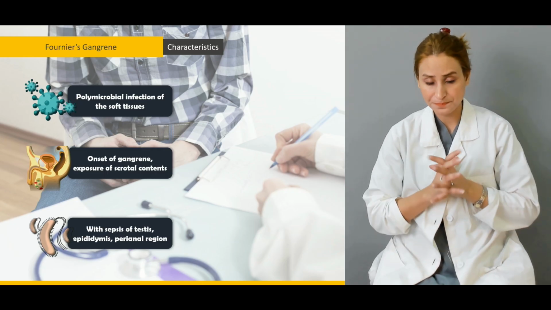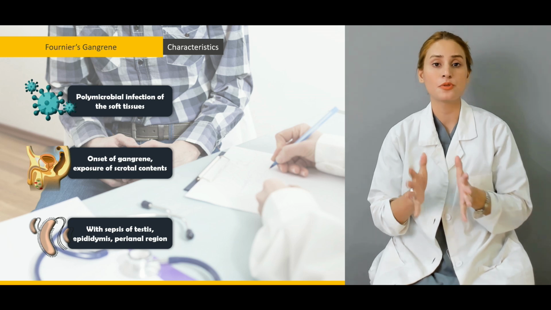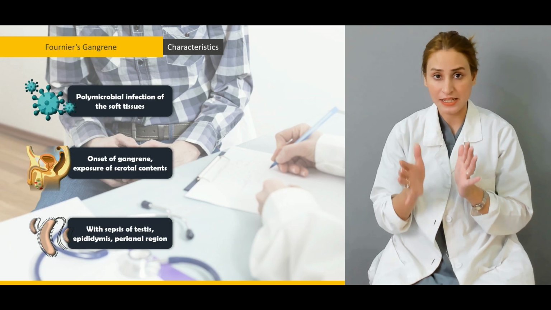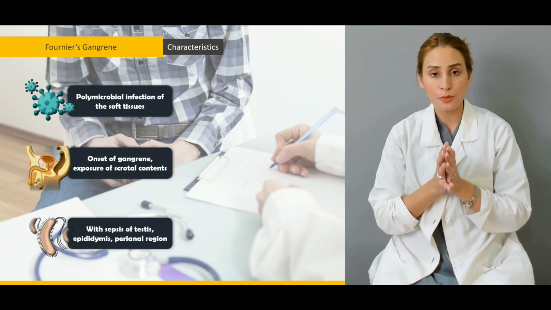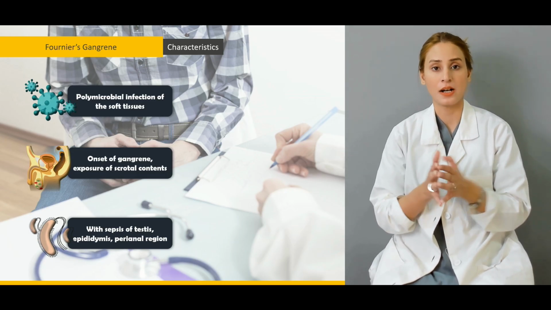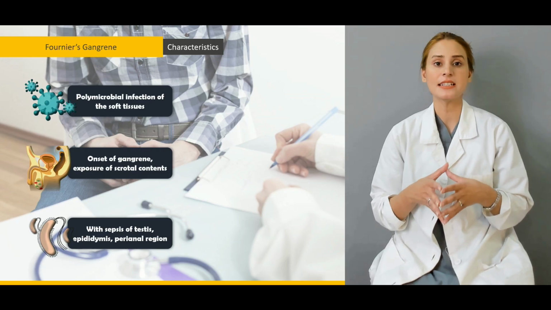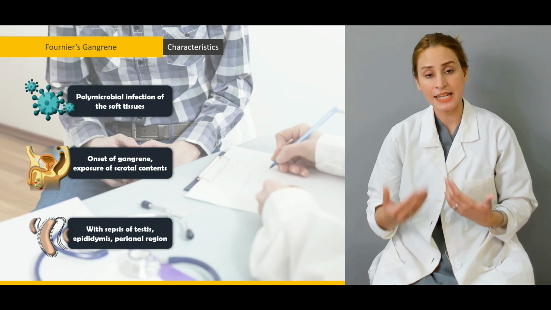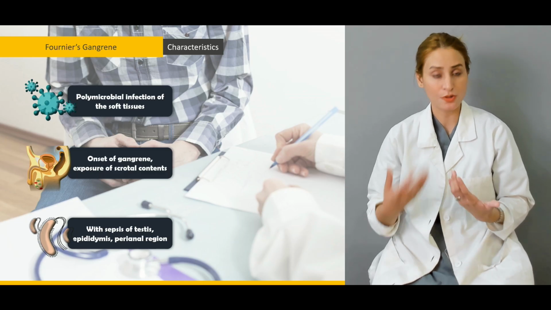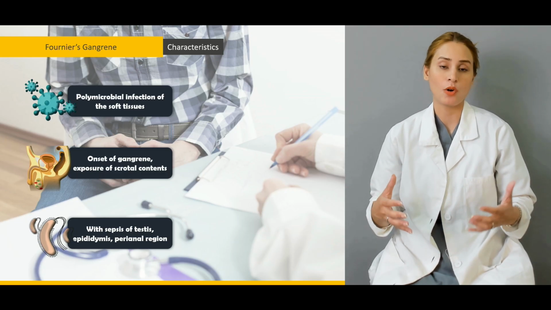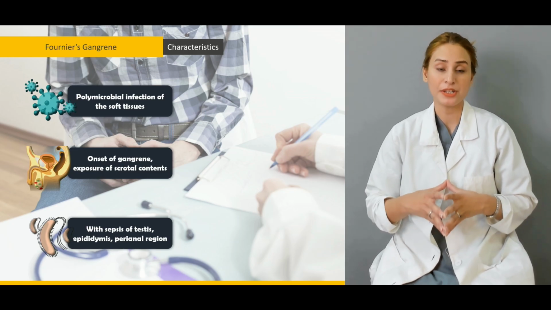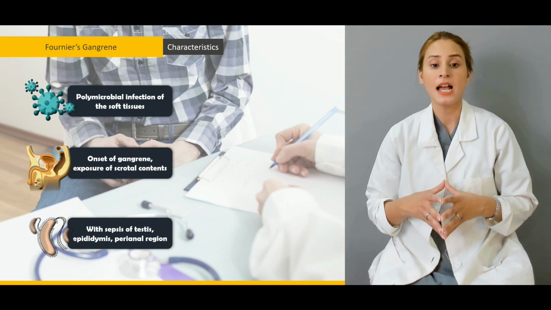The most important thing in Fournier's gangrene is that there's a typical microbial invasion of the soft tissue, particularly the external genitalia, part of the skin and part of the scrotum, and ultimately involving the whole of the external genitalia, part of the upper thigh, and the upper part of the lower limbs.